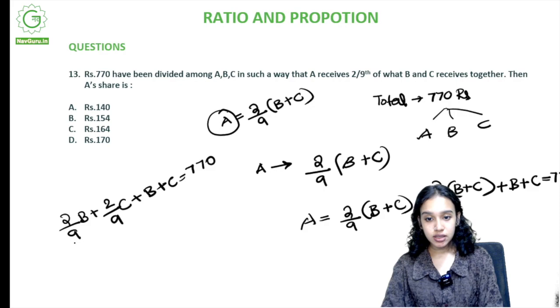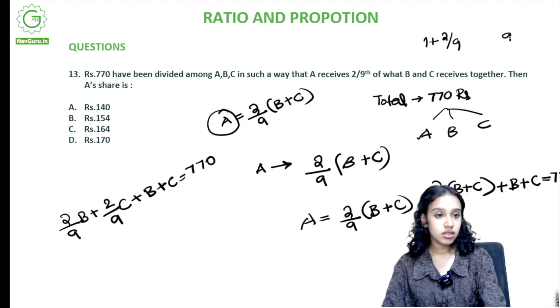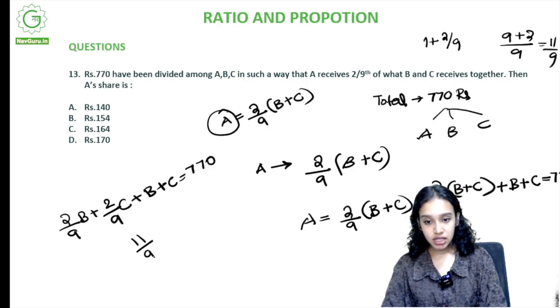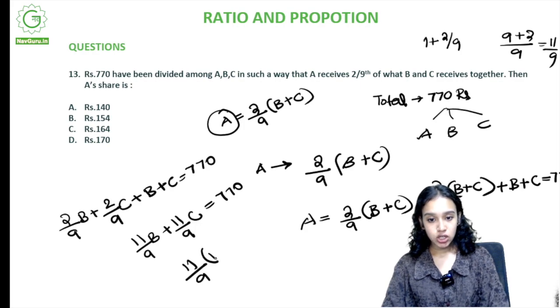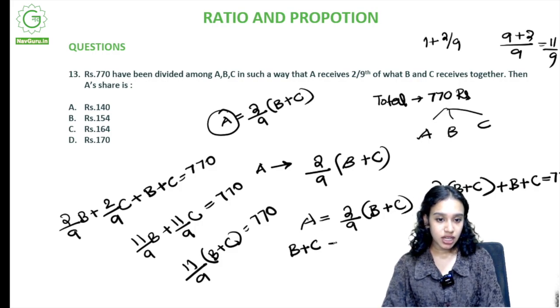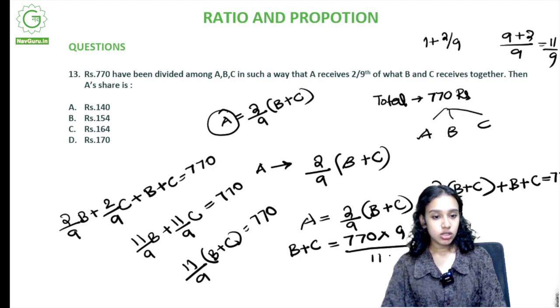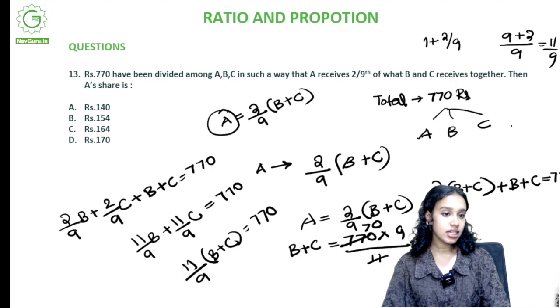So again, we get 2 by 9 plus 1. 1 plus 2 by 9 is 9 plus 2 by 9. It's 11 by 9. So 11 by 9 B plus 11 by 9 C equal to 770, right? So we take 11 by 9 into (B plus C) equal to 770 and we get B plus C equal to 770 into 9 by 11, right? So 11 and 770 we could cancel it as 70, and 70 into 9, 7 9s are 63, so 630.